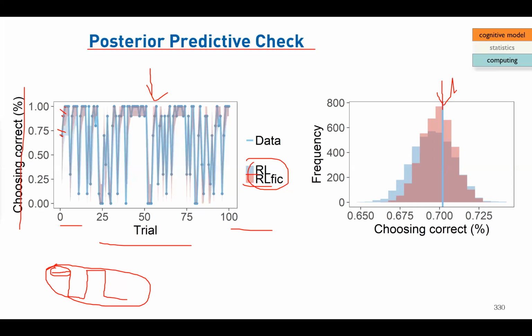So we can analyze the fake data from this first model, and we can analyze the fake data from the second model. What you see here is that the data is more or less in the middle of the red distribution. But for the blue model, this is a little bit off, okay? So the red one, the counterfactual model, is providing a much more precise reflection of the real data.